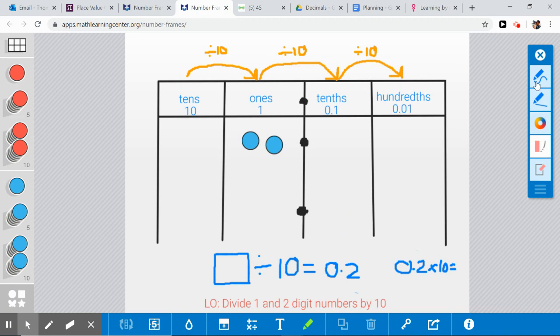And then that 2 will be moved over here. Now, we could put a 0 there if we wanted to and say we've got no 10s, but we don't need to. So that's not a placeholder. That's just there for the sake of it. So our answer was 2. So that means that 2 divided by 10 is 0.2. And to double check, you can say the calculation back to yourself.